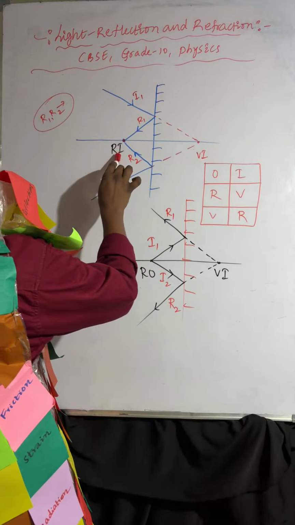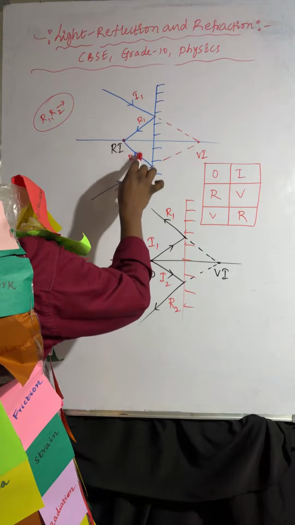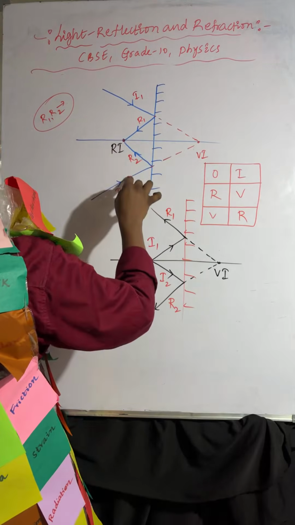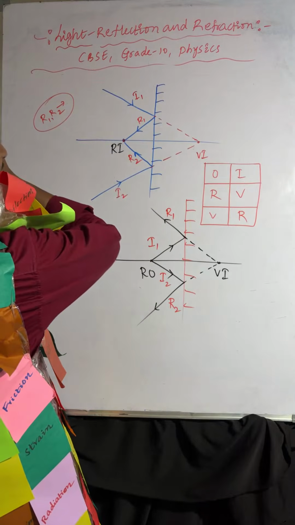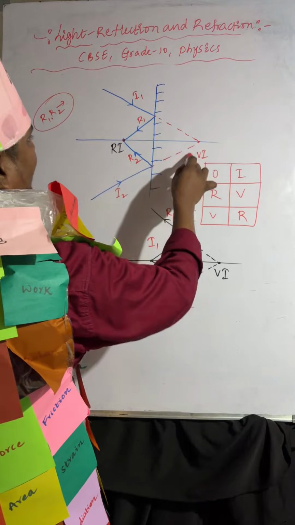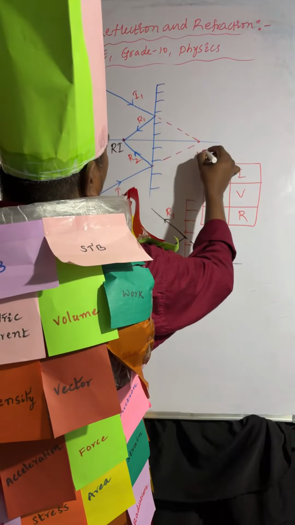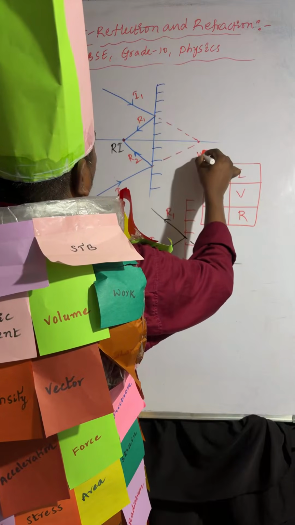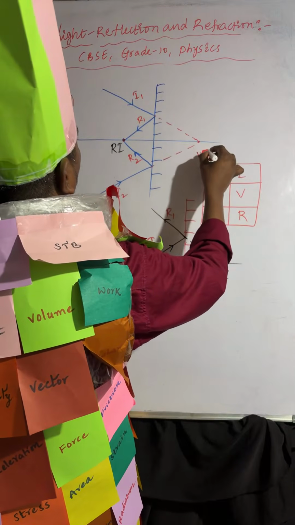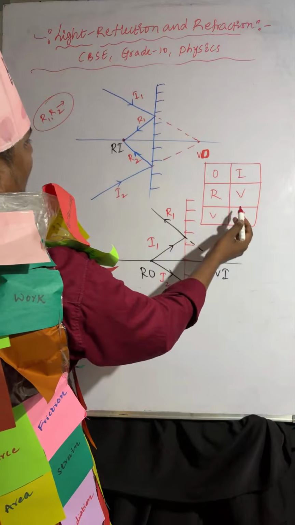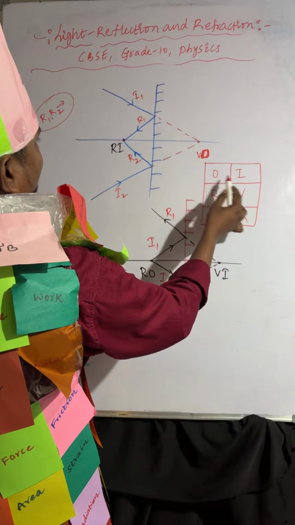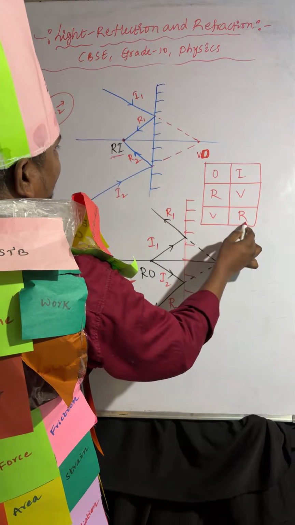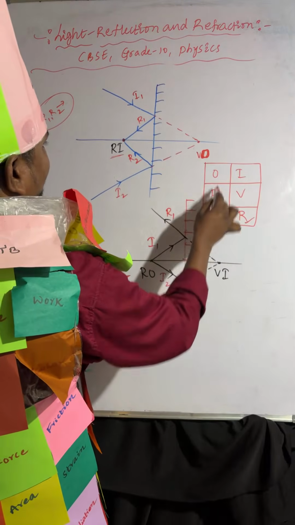So this is a real image. R1, R2, reflected light rays are meeting at one point. And we are extending these incident light rays. Extended incident light rays are meeting, this is a virtual object. Image is real, object is virtual.